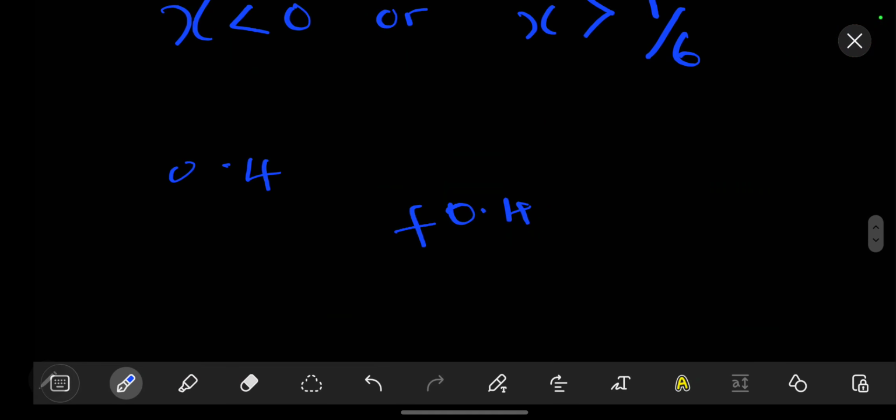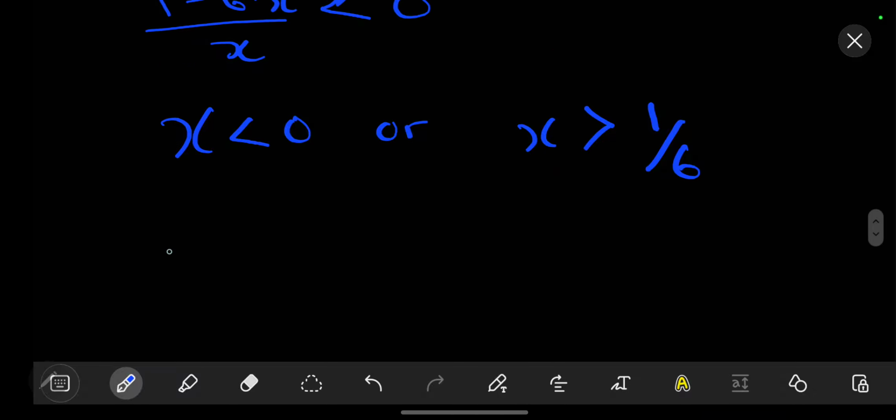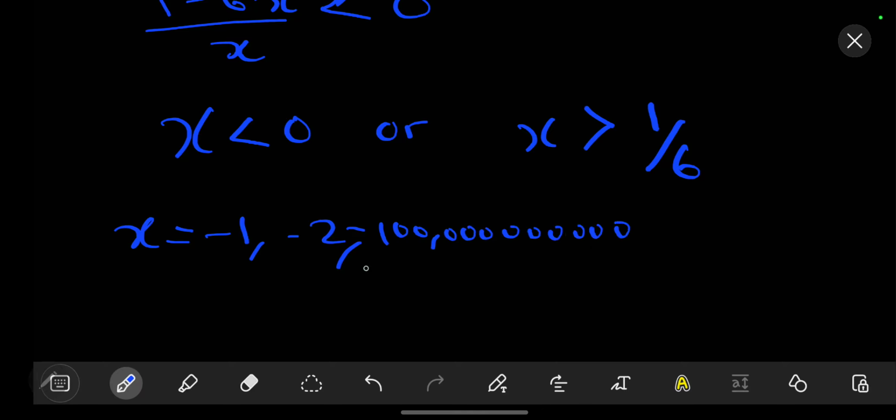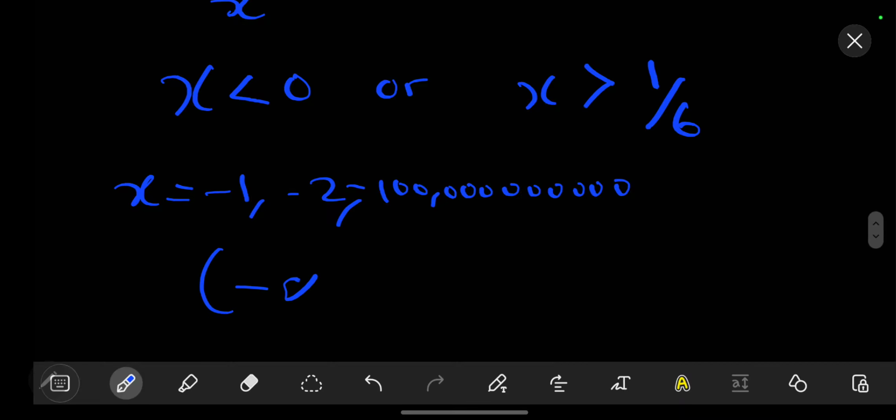Our interval is such that x is less than 0. So meaning to say, if x is less than 0, the values of x that it could take are -1, -2, -100, negative. We can continue with the zeros like that. So now the smallest value that x can take in this case is negative infinity. We can continue with the zeros, but we'll never reach negative infinity.